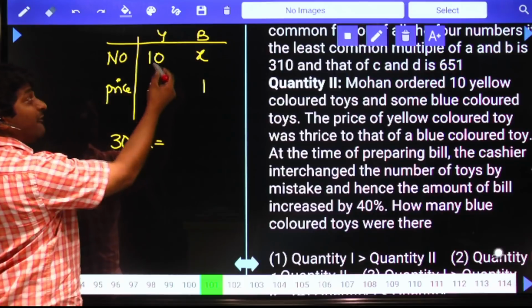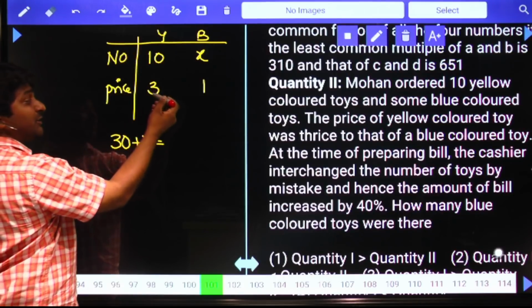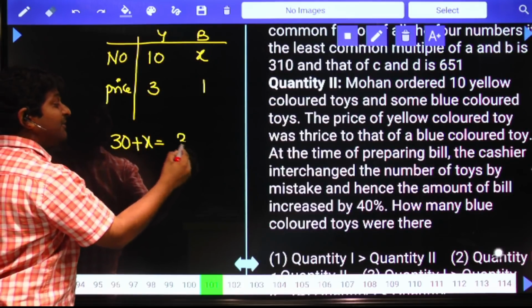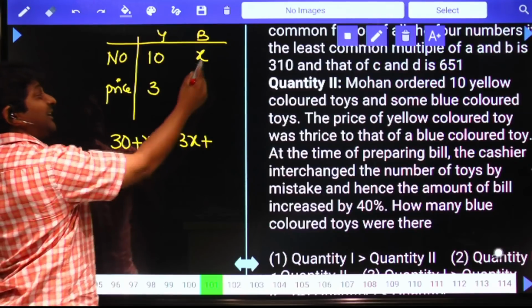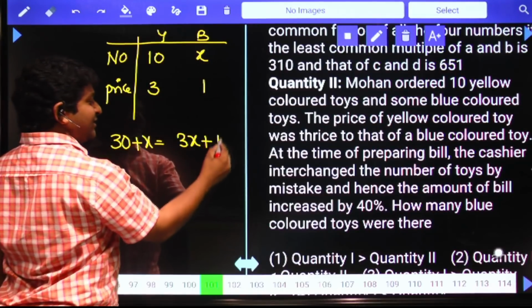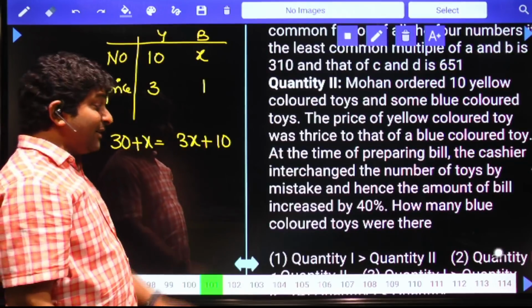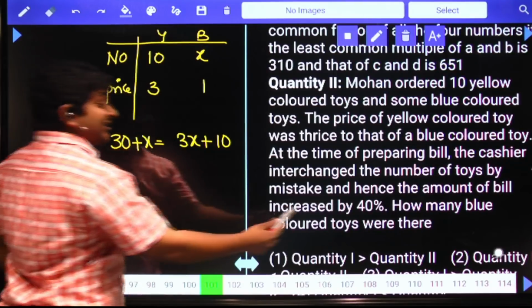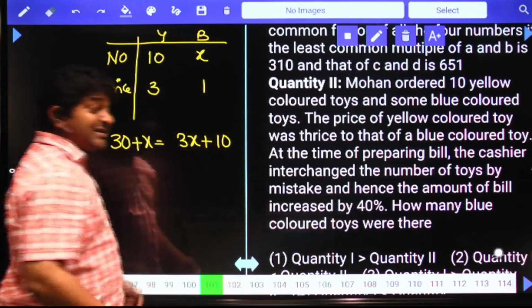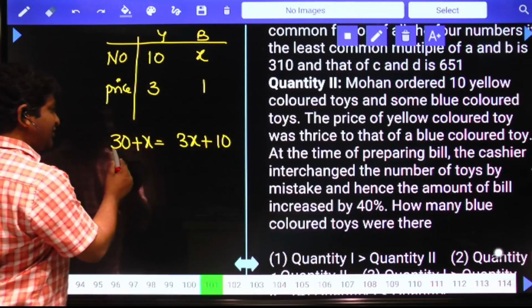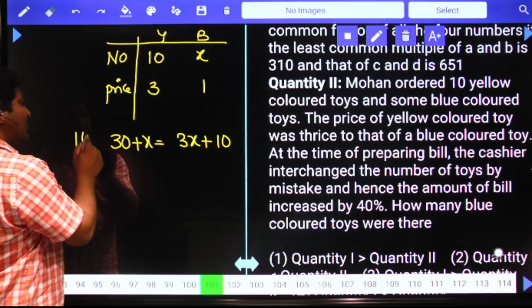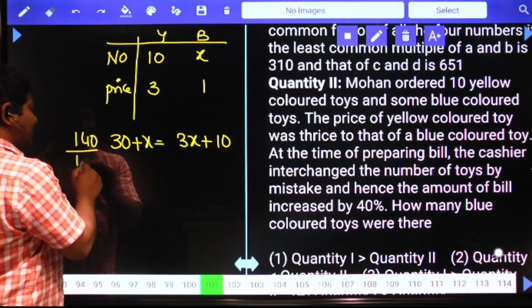Meaning, now we have X yellow balls with the price 3 rupees each, which becomes 3X rupees, and then 10 blue balls with the price 1 rupee, that is 10 rupees. This is the cost of the items in the later case, which is equal to the initial price increased by 40 percent.